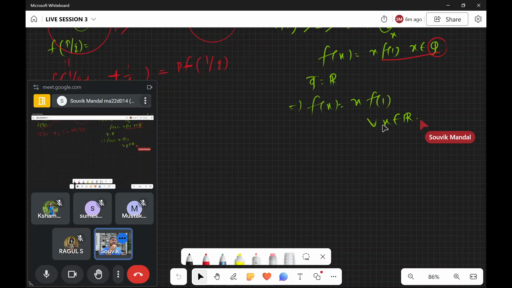Since the function f of x equal to x times f of 1 holds on the rationals, which are dense in the real line, and we are not using any irrationals. Okay, sir.